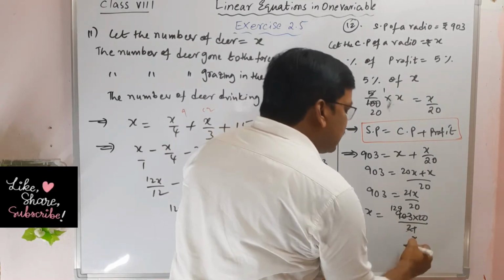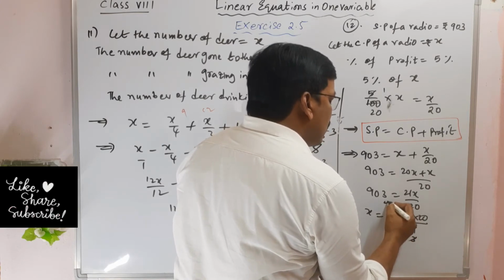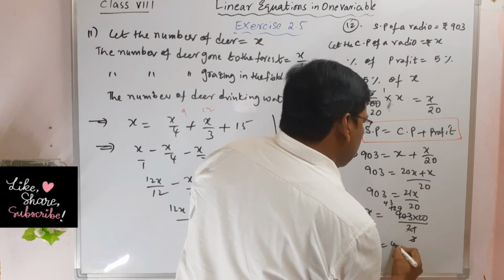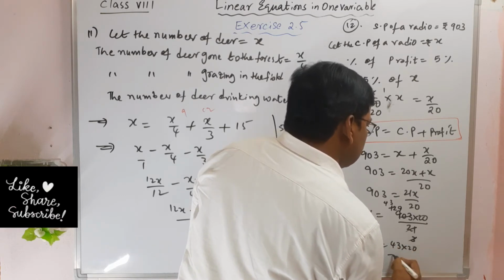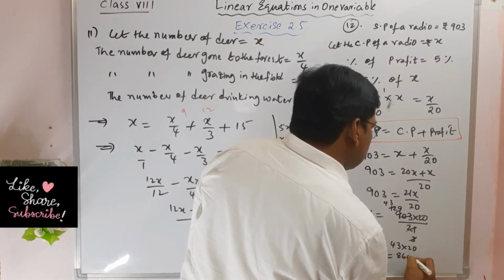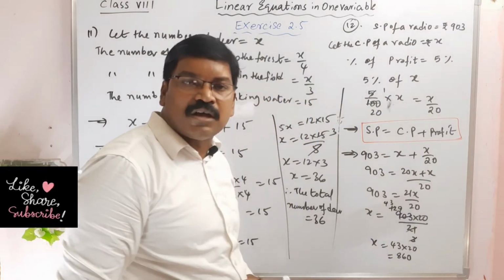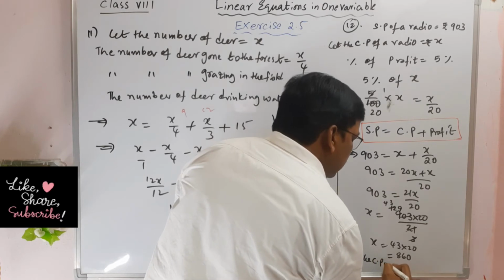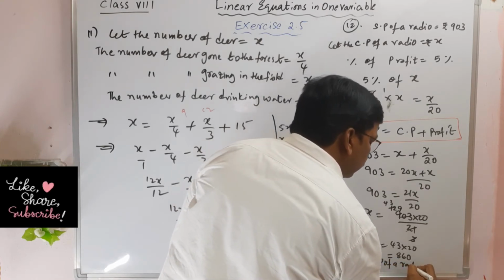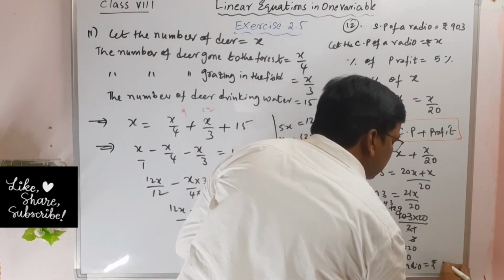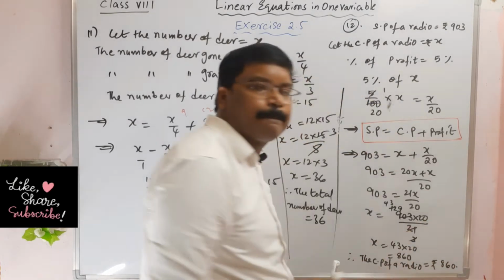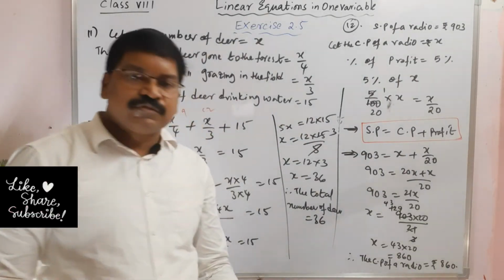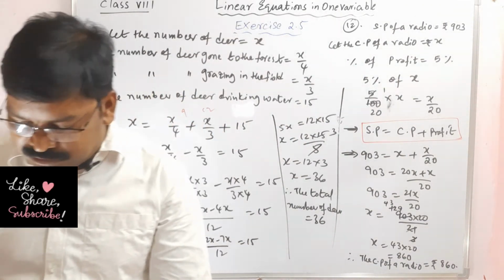Again, the 3 table in 129, 43 times. So finally X is equal to 43 into 20, that is 860 rupees. Therefore the cost price of the radio, the CP, is equal to 860 rupees. Please write down, my dear students. Then we can take the last sum also.